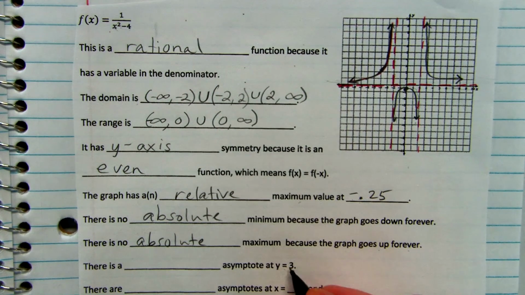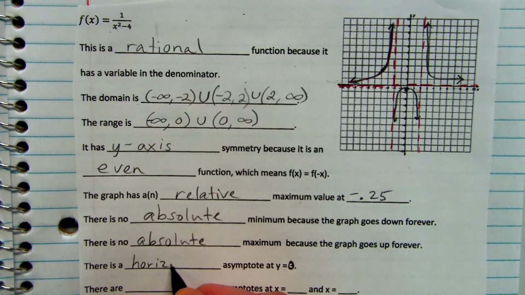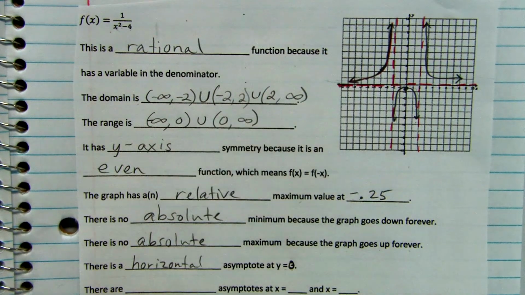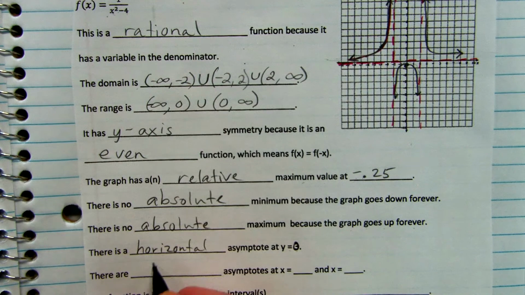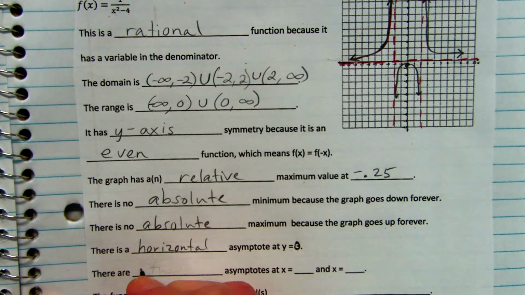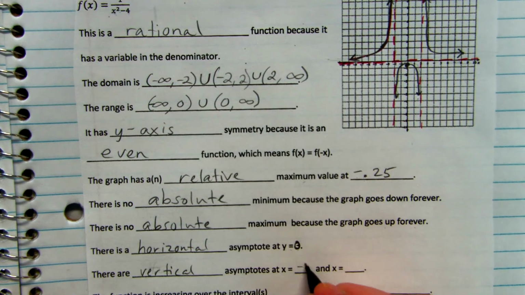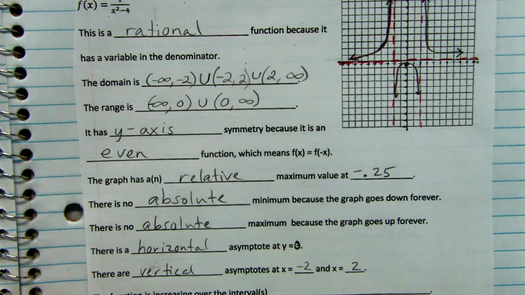I think that's supposed to be 0. And that would be horizontal. And this is supposed to be vertical. There are vertical asymptotes at x equals -2 and x equals 2.